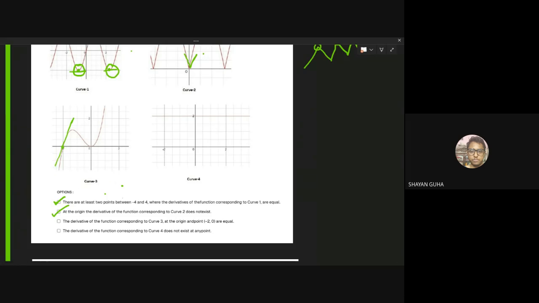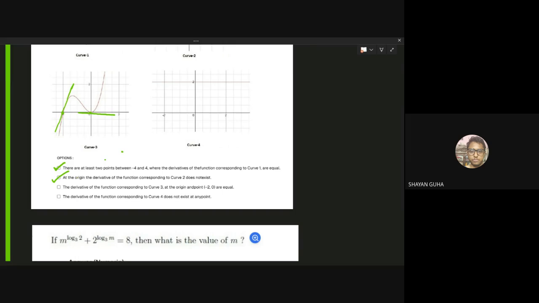And if I draw a tangent at the origin, we can easily see that the origin is a point of minima, so the tangent will be parallel to the x-axis, or rather the x-axis is the tangent. Both the tangents are different, so the third option shouldn't be correct. I hope it's clear why this option is wrong.